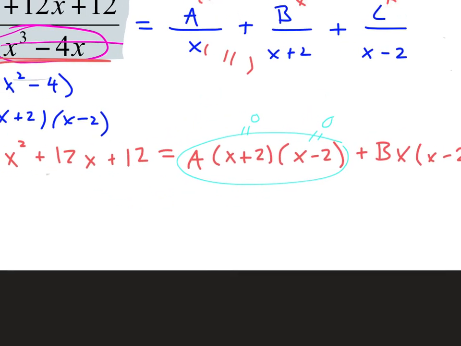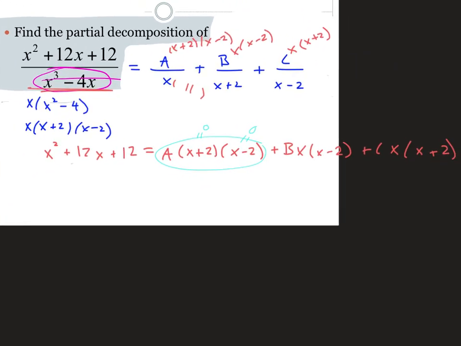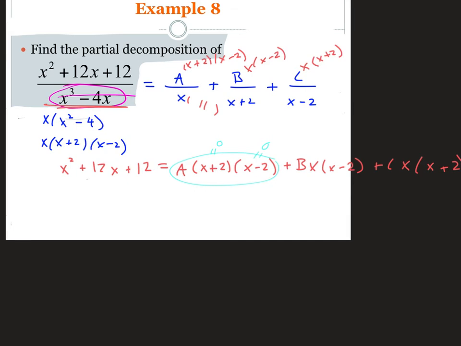So how can we get x plus 2 equal to 0? What do we need to plug in? Minus 2 and 2. Awesome. So we're going to plug in x is equal to negative 2, and x is equal to 2.